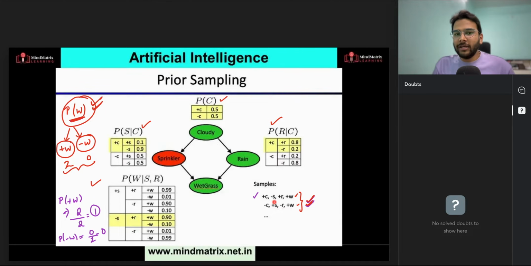But the point here is, out of the total possible samples, whatever samples are already given to you, you have to consider only those. So we are considering the bunch of samples that is given to you from this Bayesian network. Are you getting this point now? We are not considering all the possibilities of samples.